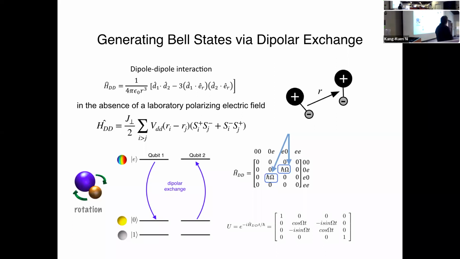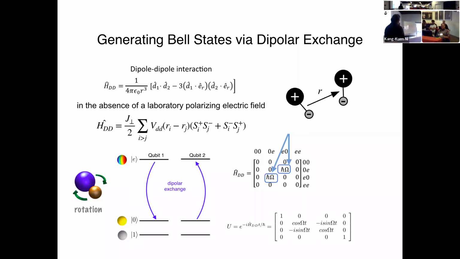Then this Hamiltonian just contains off-diagonal coupling terms between the 0E and the E0, the ones that have opposite parity states. And then we can do a unitary evolution, e to the minus iHt over h bar. The non-trivial part is the part in the middle.